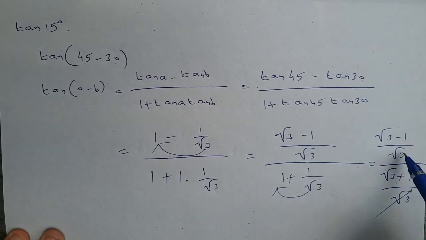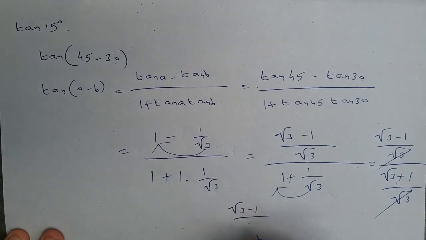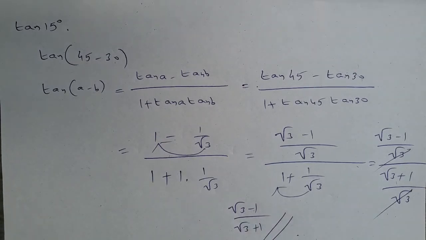Here root 3 will get cancelled, so we remain with root 3 minus 1 divided by root 3 plus 1. This is the value of tan 15 degrees. Tan 15 degrees is root 3 minus 1 divided by root 3 plus 1.